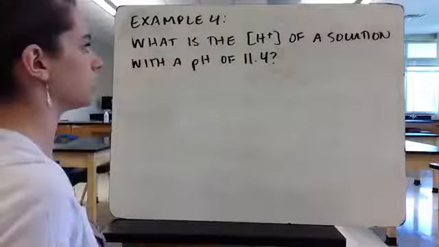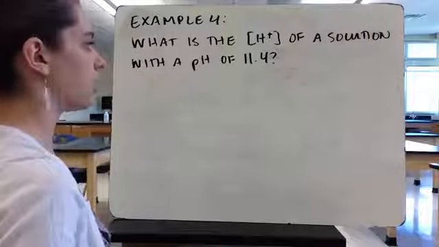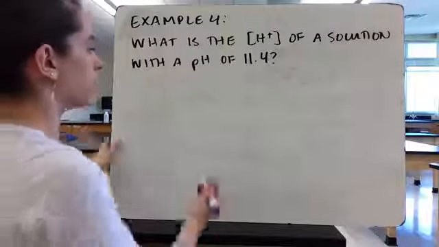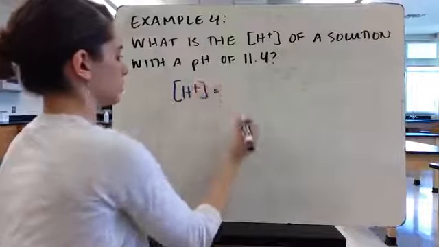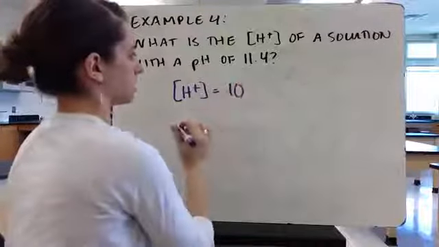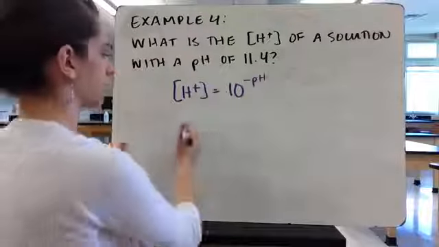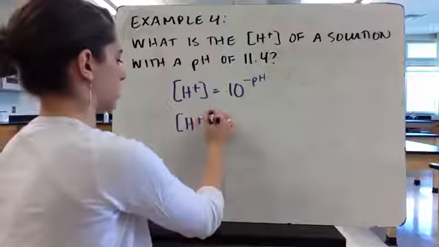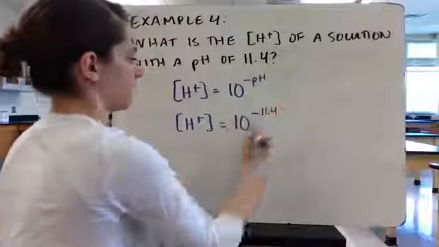Example 4 says, what is the hydrogen ion concentration of a solution with a pH of 11.4? Now remember, our hydrogen ion concentration is equal to the antilog, or 10 to the negative pH. So our hydrogen ion concentration would be equal to 10 to the negative 11.4.